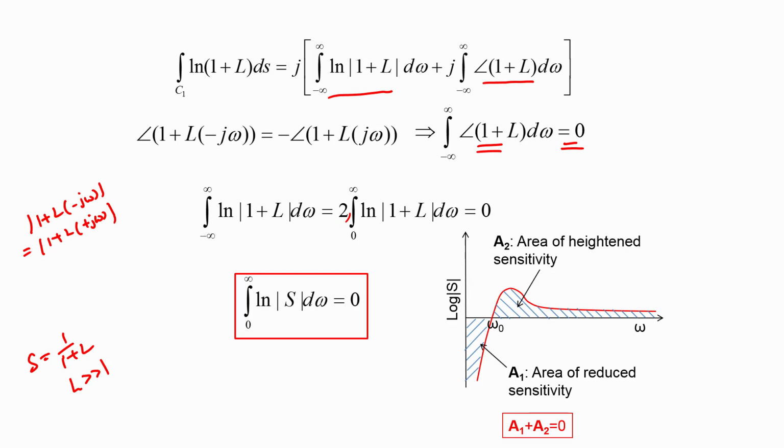So, if we reduce sensitivity dirt in a certain frequency range, as we have done in this range here, in the interest of reaping the benefits of feedback, we inevitably end up increasing the sensitivity dirt in a different range, which I have highlighted here, in such a manner that the net increase in the rest of the frequency range will be exactly equal to the amount we have reduced in one particular frequency range. In this case, this frequency range happens to be up to frequency omega naught.